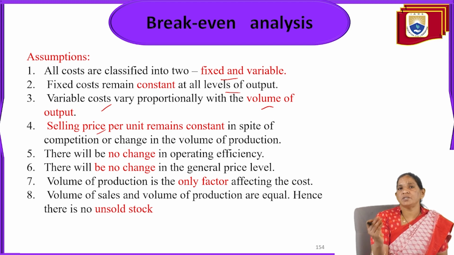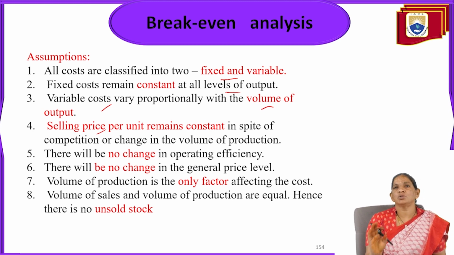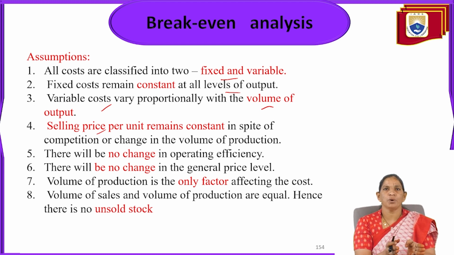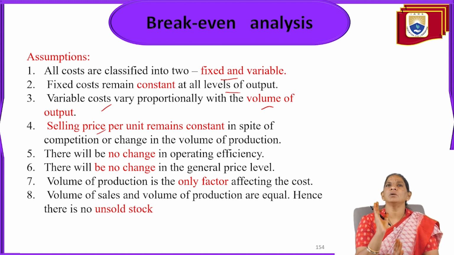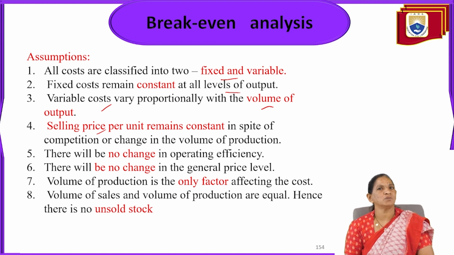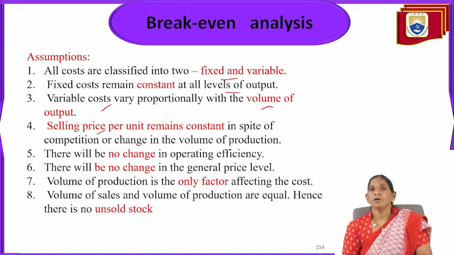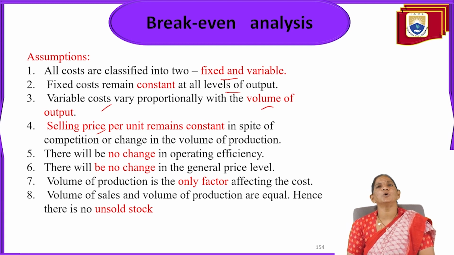Even if the plant is efficient, or we have more raw materials, we should not go for increased production, maybe 11,000 or 12,000 units. When I want to find this BEP at a certain point, the operating efficiency of the plant will not change. In the same way, the general price level should not change.